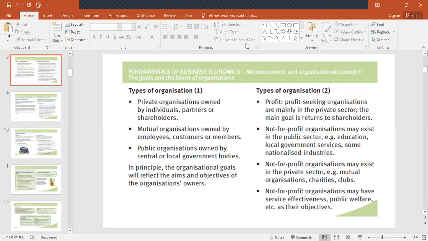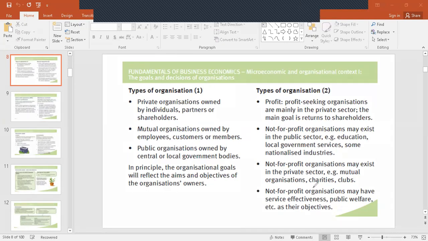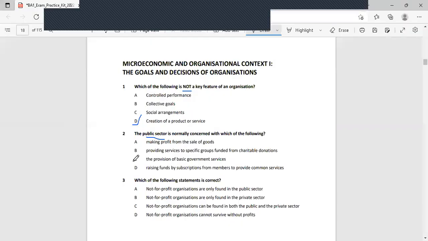See, if the organization is a private organization and they are involved in providing services, we see that they are called as charities, clubs, mutual organizations, etc. So now it's not a private organization, but it is run by a government organization. So on that note, we go with C.